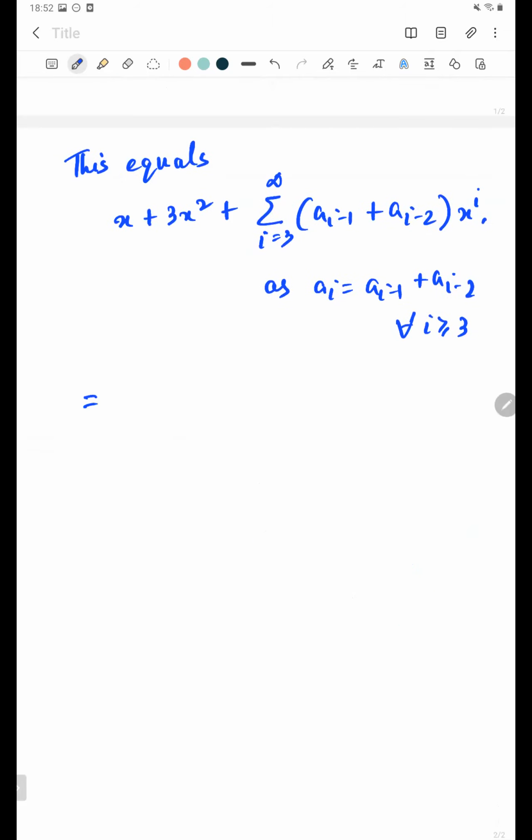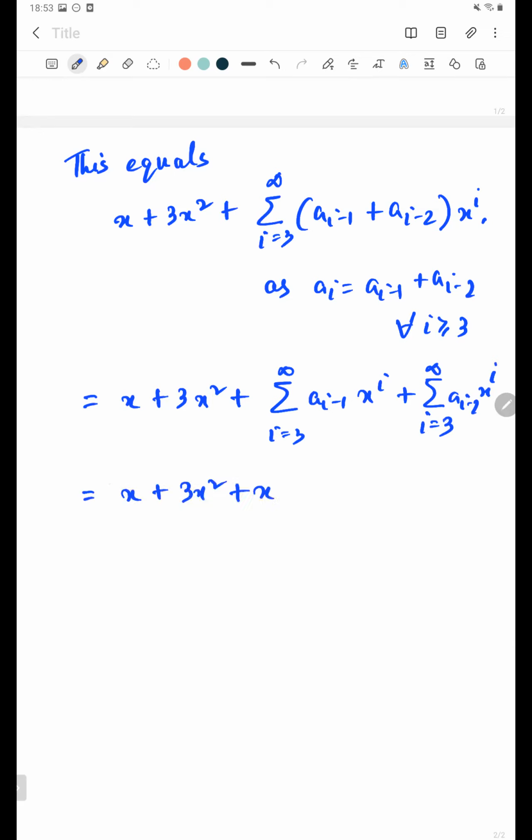This is equal to x plus 3x square plus sum of ai minus 1 x to the power i plus sum of ai minus 2 x to the power i, and this equals x plus 3x square plus x times the sum from i equals 3 to infinity of ai minus 1 x to the power i minus 1 plus x square times the sum from i equals 3 to infinity of ai minus 2 x to the power i minus 2.